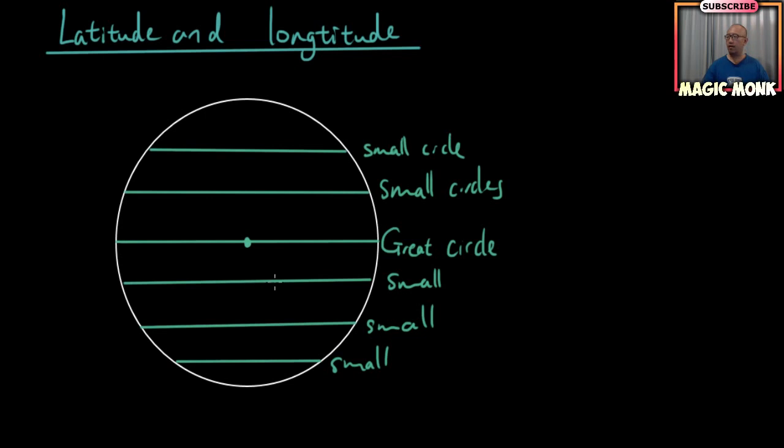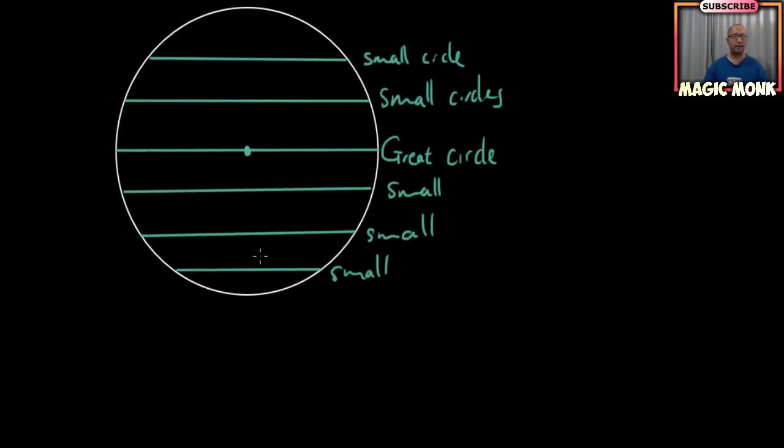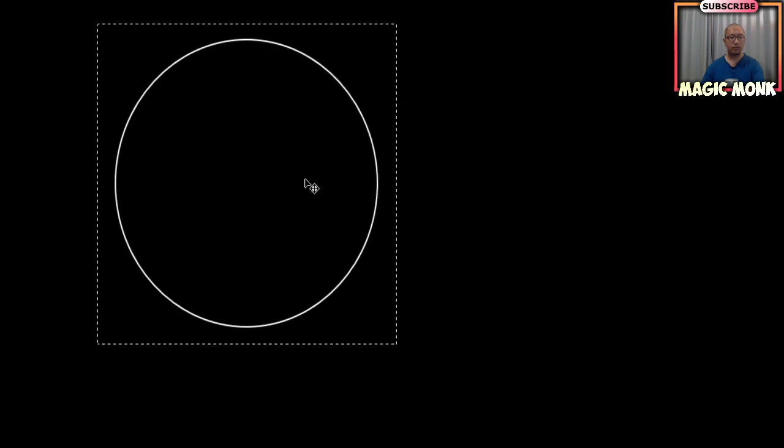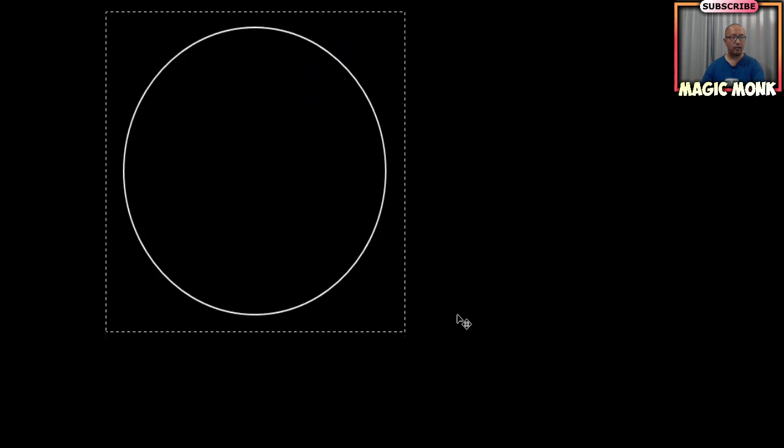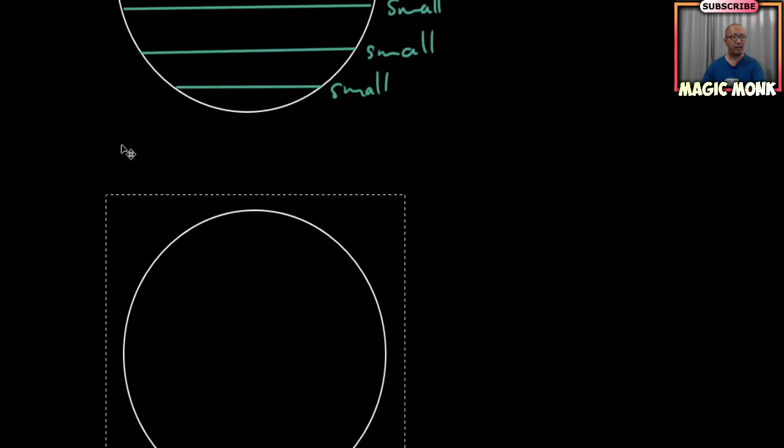So if I draw another circle again, this now represents the Earth.